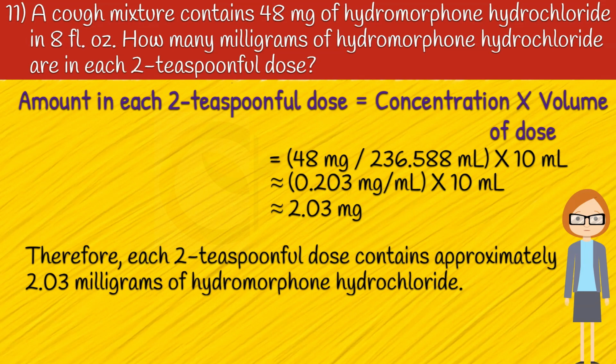Amount in each 2 teaspoonful dose is equal to 48 milligrams divided by 236.588 milliliters multiplied by 10 milliliters. Now, let's do the math. Therefore, each 2 teaspoonful dose contains approximately 2.03 milligrams of hydromorphone hydrochloride.